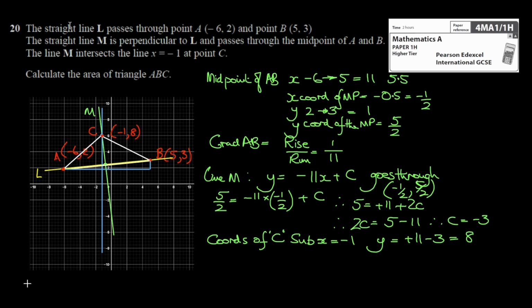AB is equal to the length along here, which is our old rise of 1 squared plus 11 squared. Therefore, AB is equal to the square root of 122.